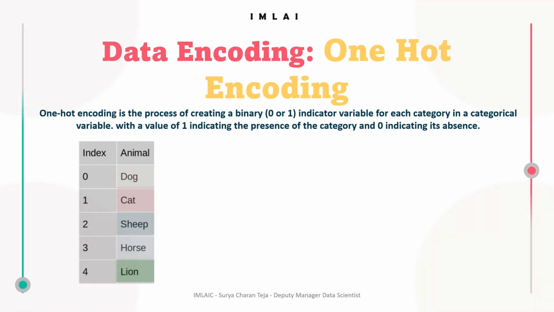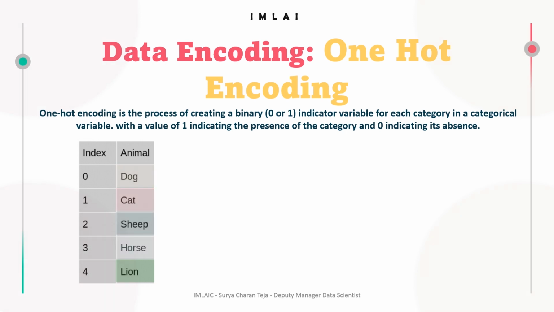So there are a total of 5 categories which do not have any order, and that is the reason these are nominal variables. Let's take 2000 data points of this animal data series, in which dog, cat, sheep, horse and lion will be repeated many times.